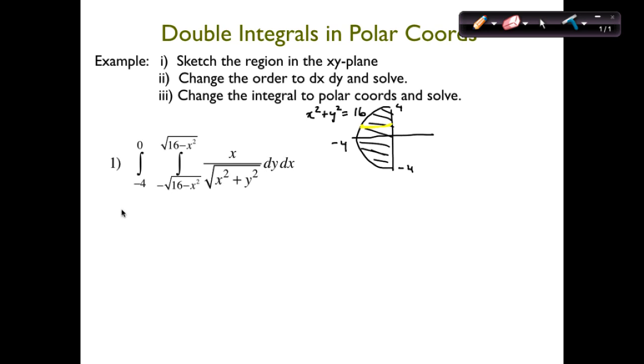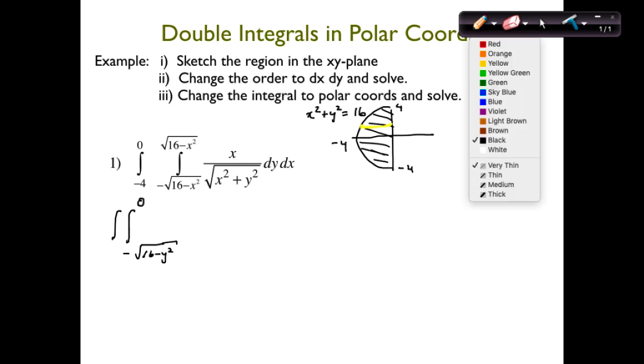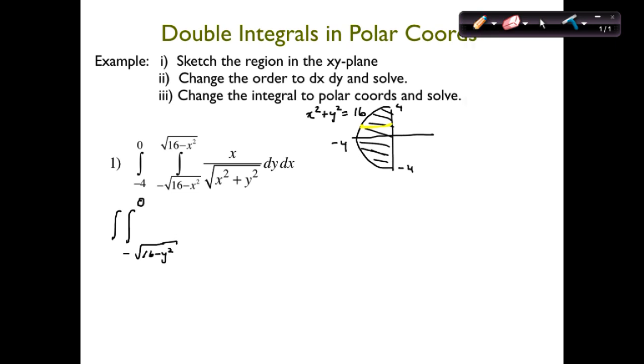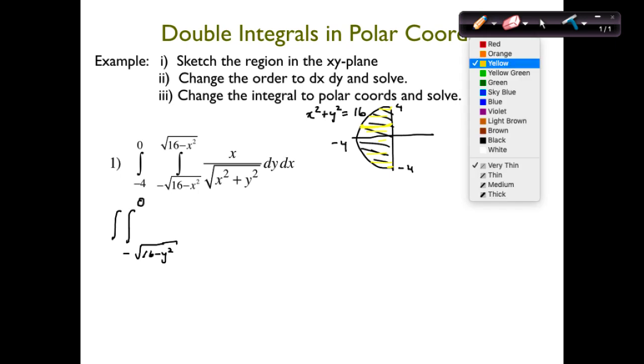So when we're changing the order, we're going to go from what to what here? From left to right, and then bottom to top. So the left side would be negative square root of 16 minus y squared. Left to right, now the right is 0. See that? And then we're going to add up all of those from negative 4 to positive 4.